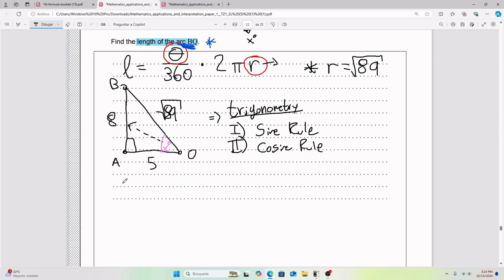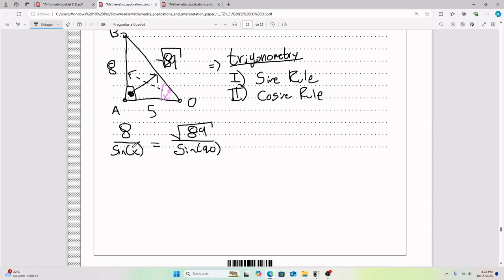I can go ahead and say that 8, which is side 8, divided by sine of X has to equal, and now I need to consider another pair. For example, this angle here, I do not know it, so why would I pair it with a 5 if I do not know it? It's a lot of extra work. Instead, you know this angle here. You know that this angle is 90, and it's related to the square root 89. So that means I can put square root 89 divided by sine of 90.